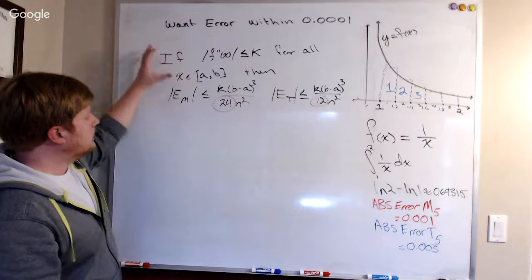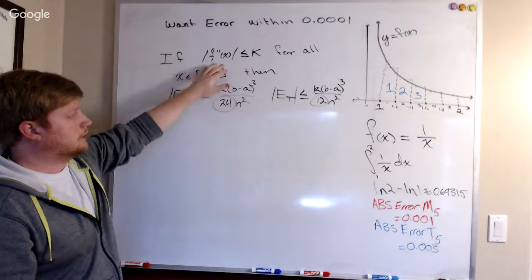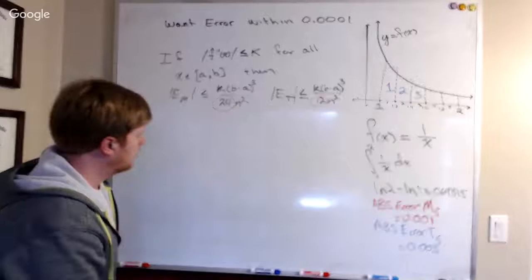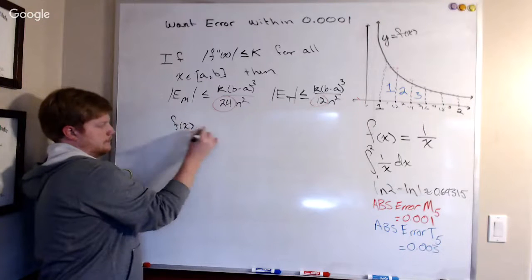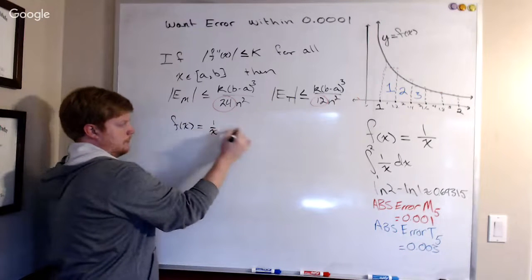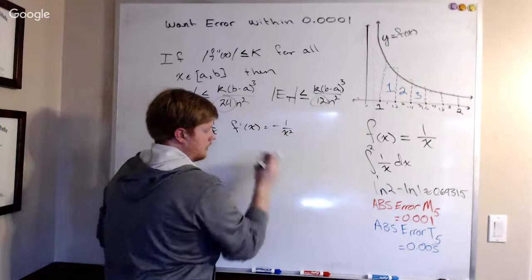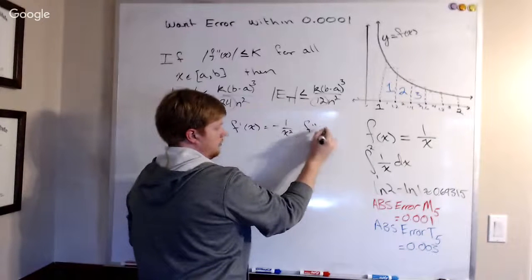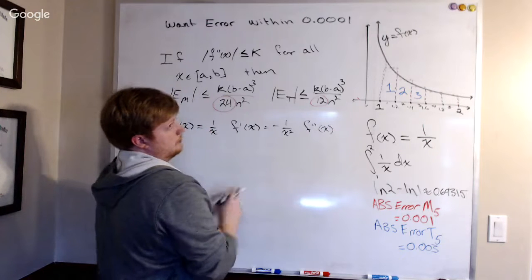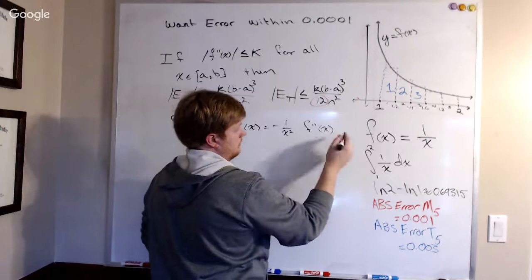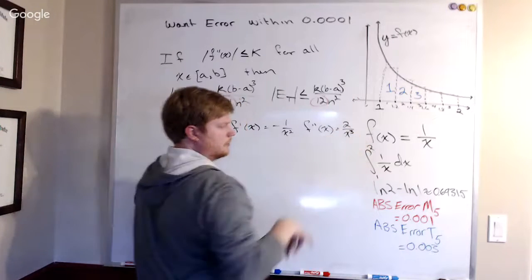For this theorem, k must be larger than or equal to the second derivative, so we need to find the second derivative of 1 over x. f prime is negative 1 over x squared, and f double prime is 2 over x cubed.